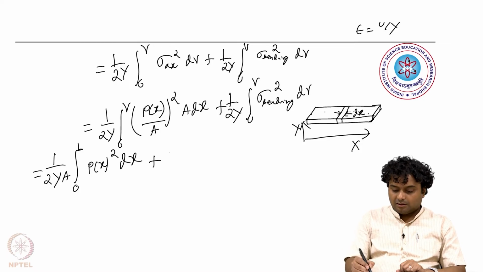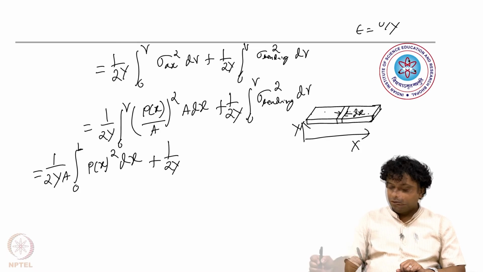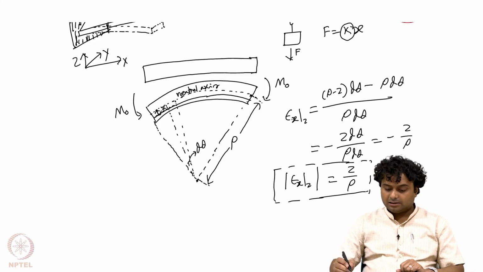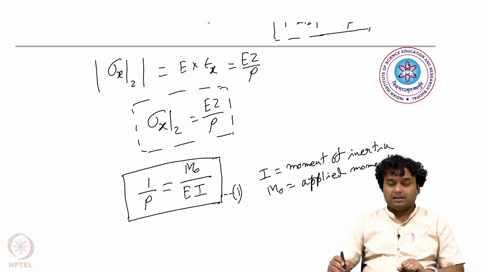And here for sigma bending we will refer to one of the earlier results that we got. For the pure bending case, we got that at a distance z from the neutral axis, the stress is Ez by rho, where E is the Young's modulus, z is the distance from the neutral axis, and rho is the radius of curvature.